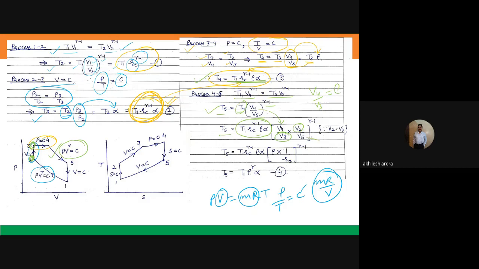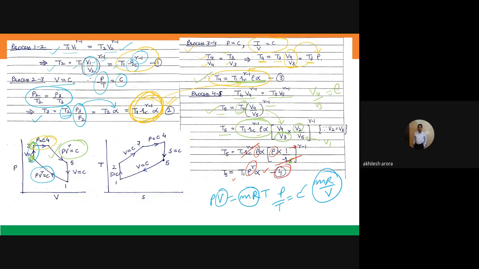What is V5? V5 is actually equal to V1. So V2 by V1 will be equal to 1 over RC. Okay. So then when we do so, finally you can see this RC raised to power gamma minus 1 and this RC raised to power gamma minus 1 cancel out, and this value is rho raised to power gamma minus 1, and here we have the rho, so it becomes T1 rho raised to power gamma into alpha.